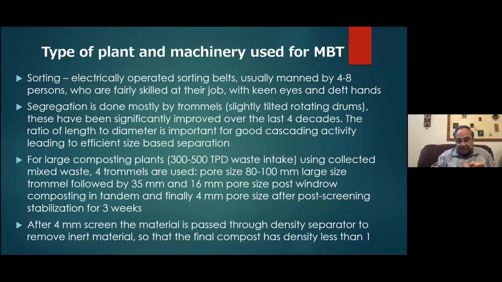They are in tandem. First at 80 to 100, the organic wet waste is separated and then put on windrows. After about 3 weeks, it is taken up and put through 35 and 16 pore size. But please remember that depending on the weather, every week that windrow has to be turned.